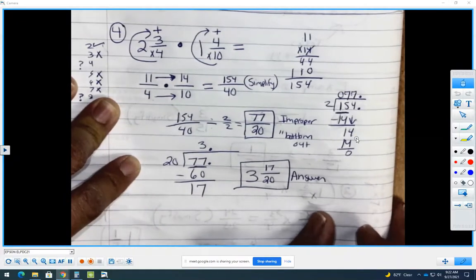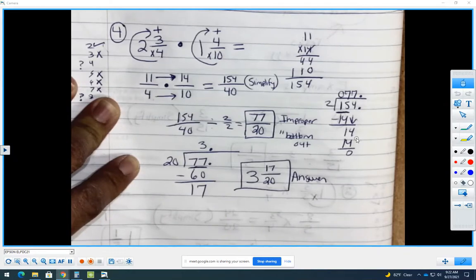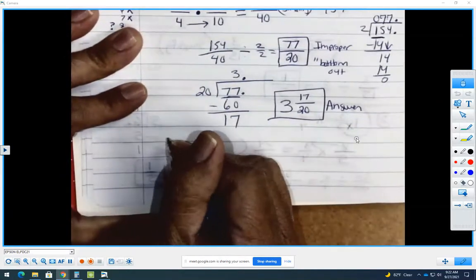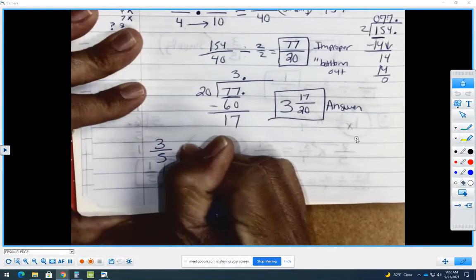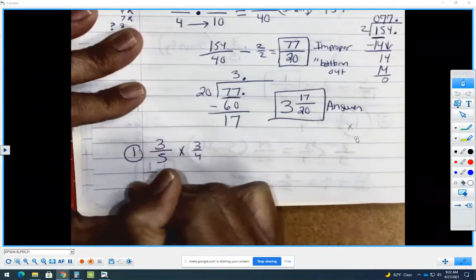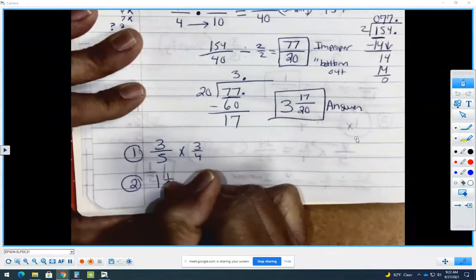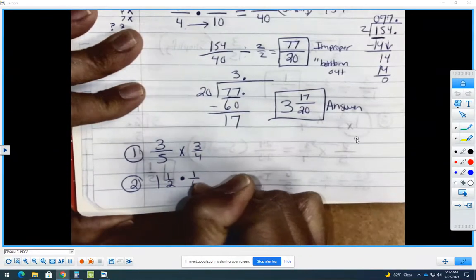Hey, you need to go home and do these 2 problems by yourself. Hey, you need to do these problems and the other journal by yourself. 3/5 times 3/4. This is number 1. And number 2, you only have 2 problems since I ran out of time with y'all. 1/5 times 1/4.